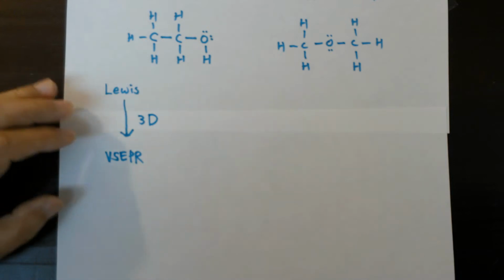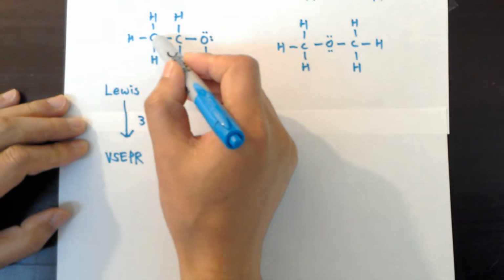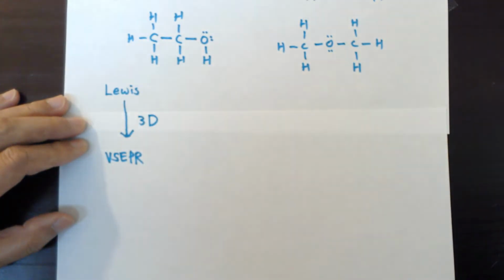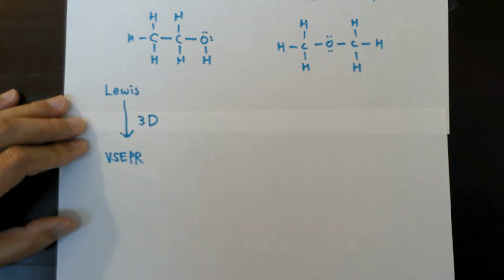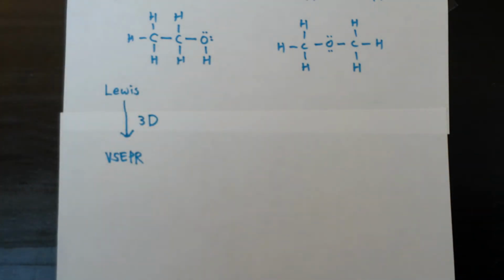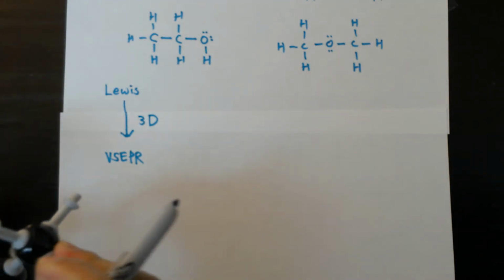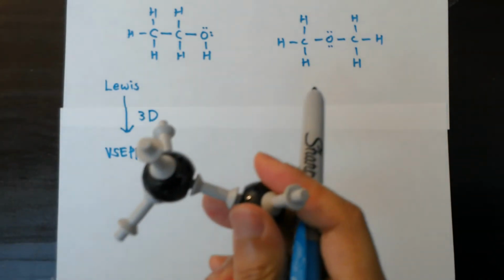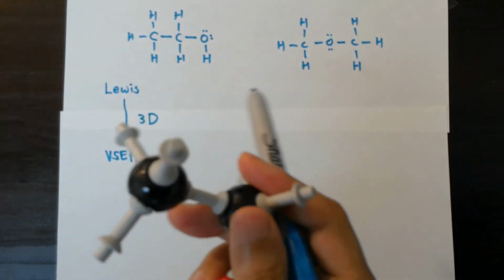So, if you have carbon with 4 pairs of electrons, you have to demonstrate this shape here, and there are 4 bonds.